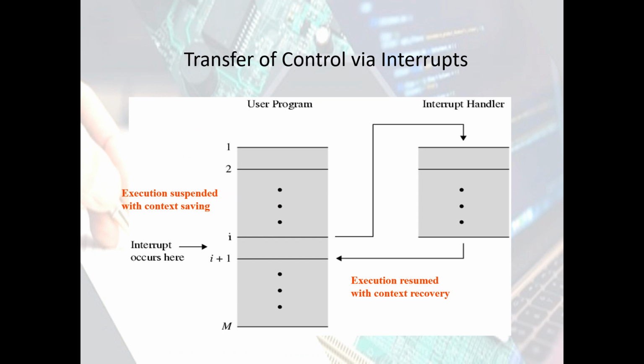Instead, the control is transferred to a predefined section of code known as an interrupt service routine, or the ISR, which handles the interrupt. Once the ISR completes its task, the program returns to its previous state, resuming normal execution. This mechanism allows computers to efficiently respond to external events without constantly monitoring for them, enhancing overall system responsiveness.